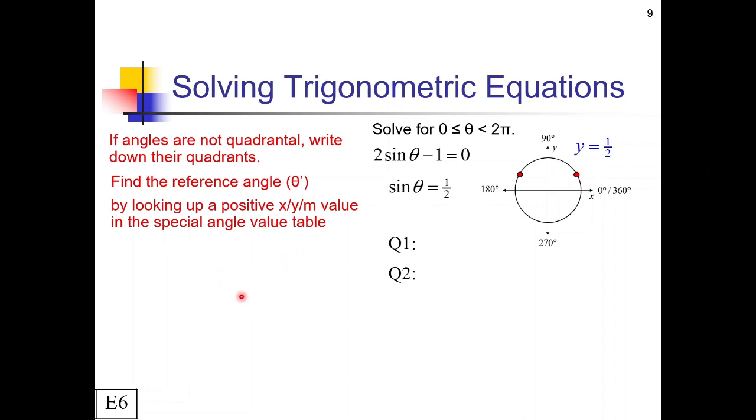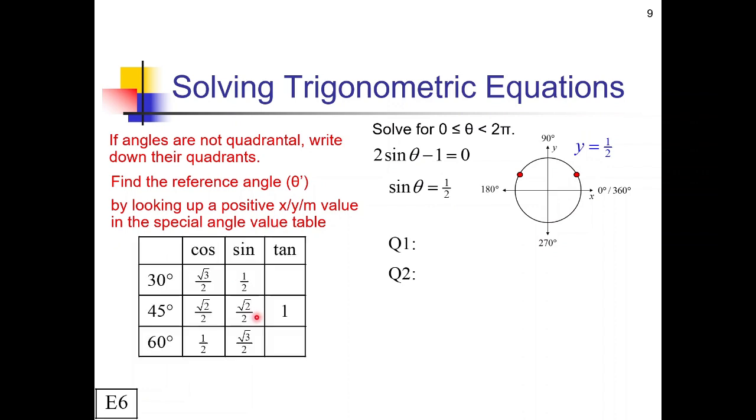So here's that table that we saw a few chapters ago. We had the sine and the cosine values of 30, 45, and 60. We had radical 3 over 2, radical 2 over 2, 1/2, and going the other direction for sine. And then it didn't make the first version of this table, but I'm throwing it in there because it'll be very helpful. Tan of 45 we saw was actually 1.